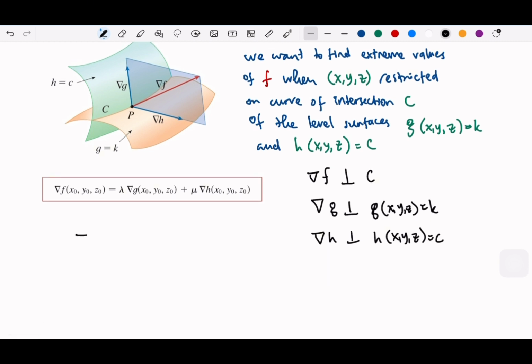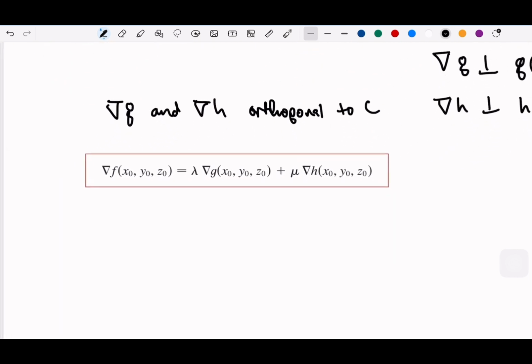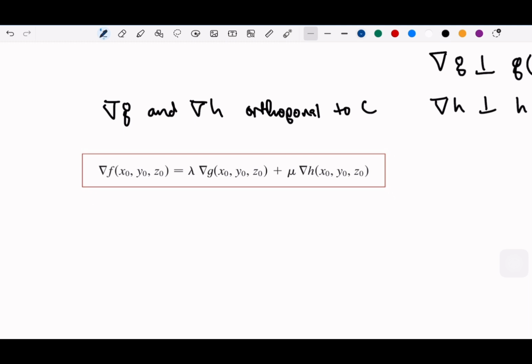So we say that del g and del h are orthogonal to this C, which means we need to solve each one of the axes. Let me just go to the example, okay?